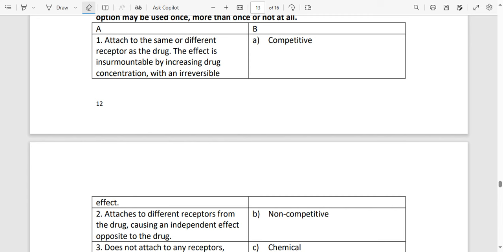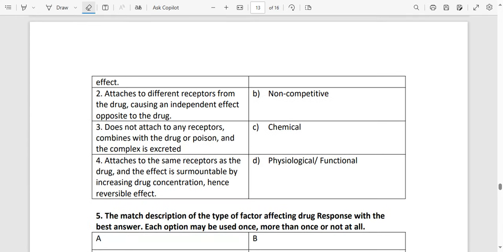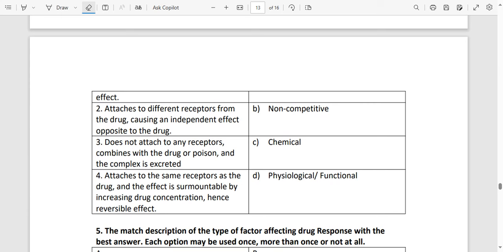Remember, if you just hear anything with irreversible, what do you think that is? Competitive, non-competitive, chemical, physiological? Non-competitive, thank you. And then two, attaches to a different receptor from the drug, causing an independent effect opposite to the drug.